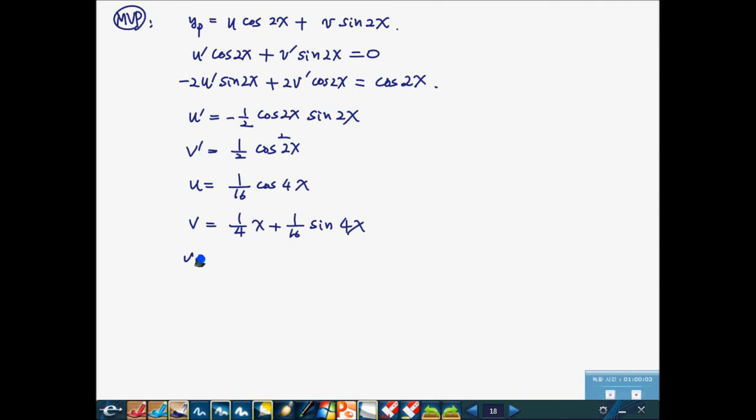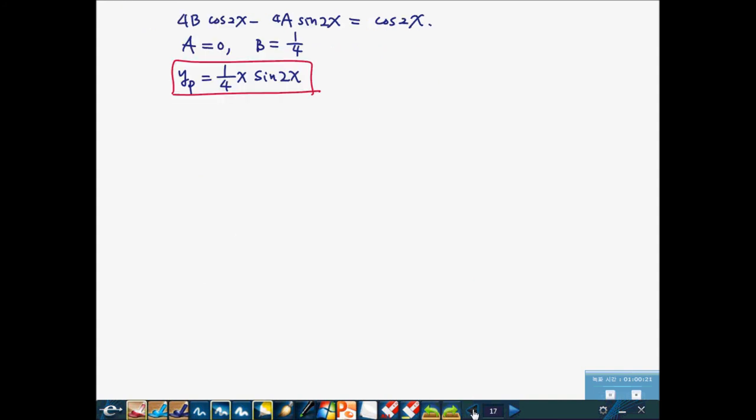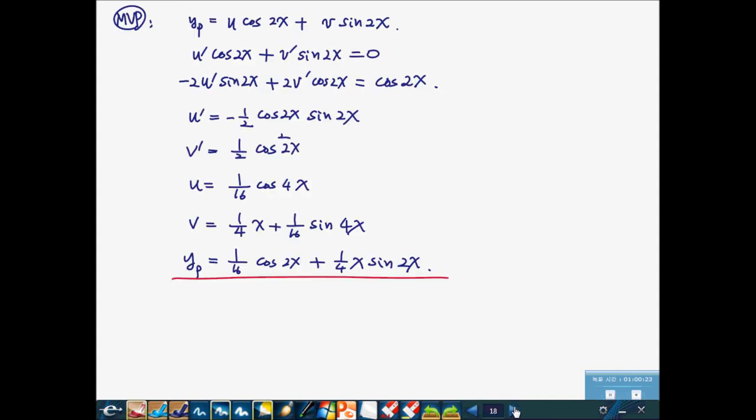So yp is 1 over 16 cosine 2x plus 1 over 4 x times sine 2x. Okay, so your yp was 1 over 4 x times sine 2x. You have another term there for the MVP.